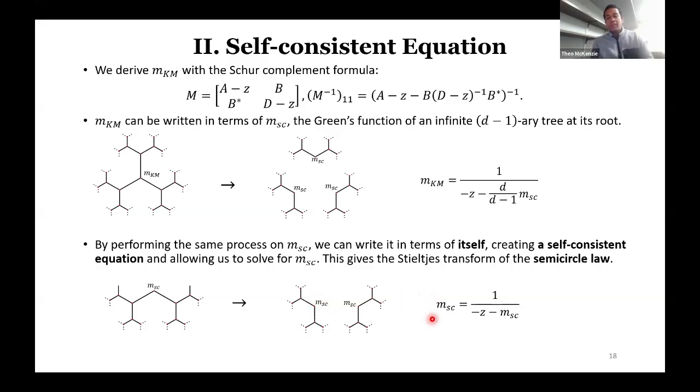So what this means is that I can write the Green's function at this root vertex in terms of itself in this very nice equation here, which we call the self-consistent equation. And in fact, this is actually the self-consistent equation of the semicircle law that we saw before.